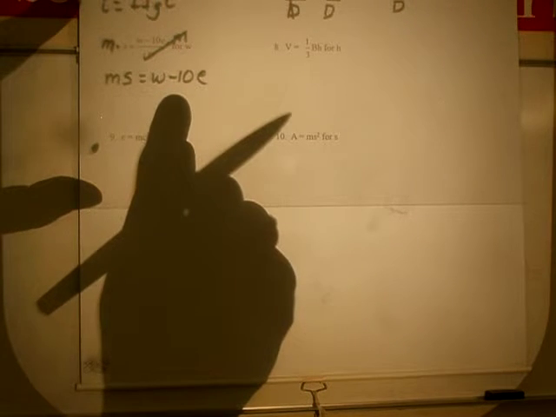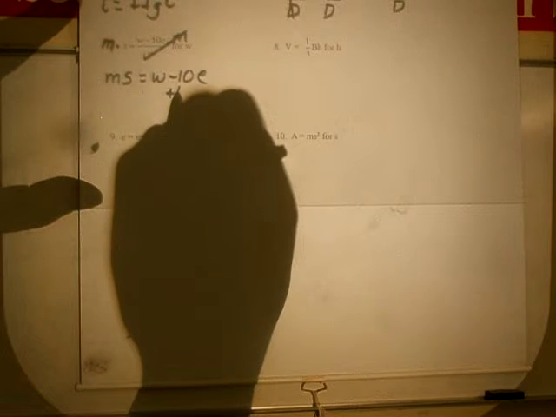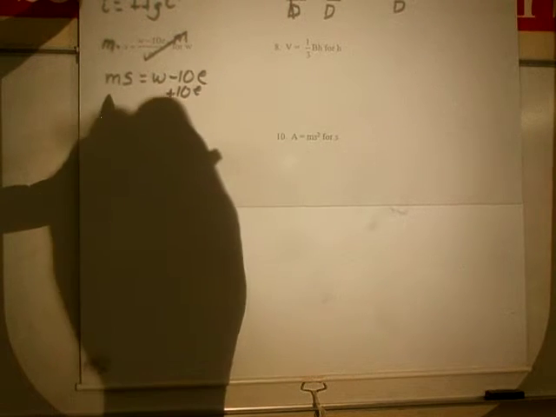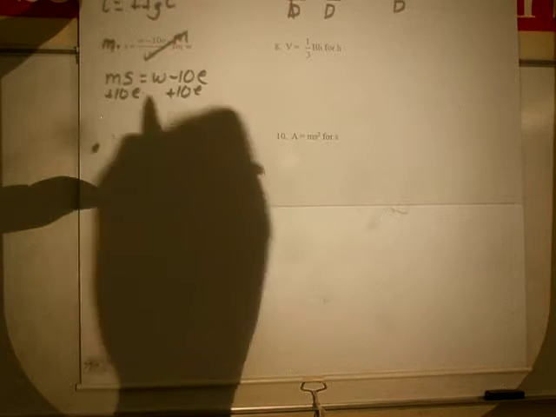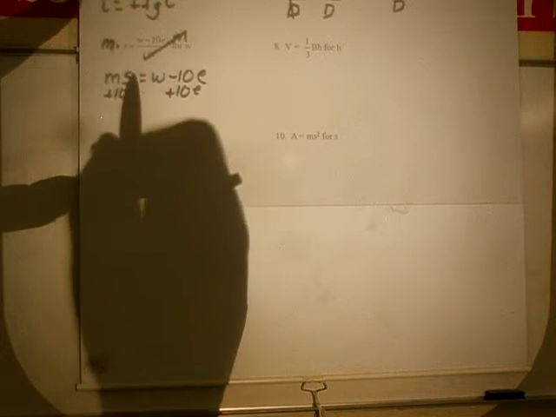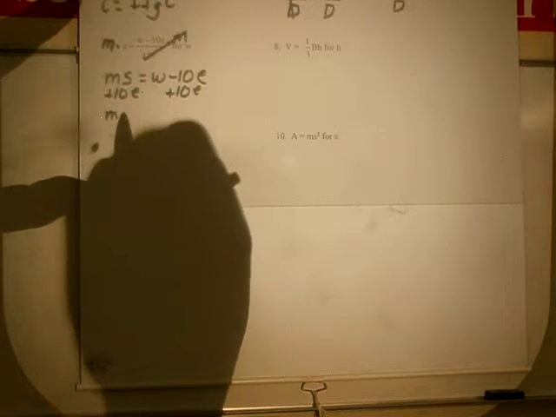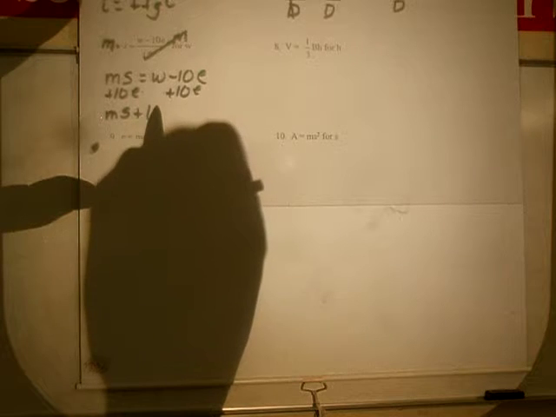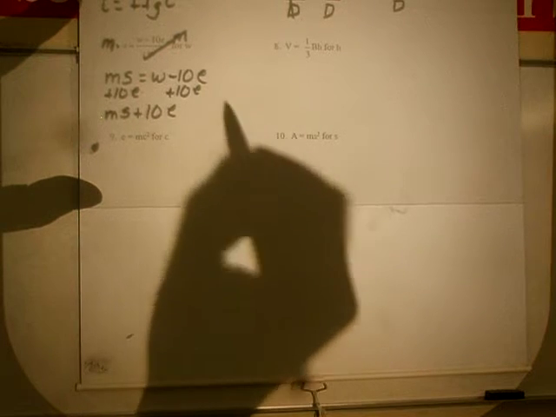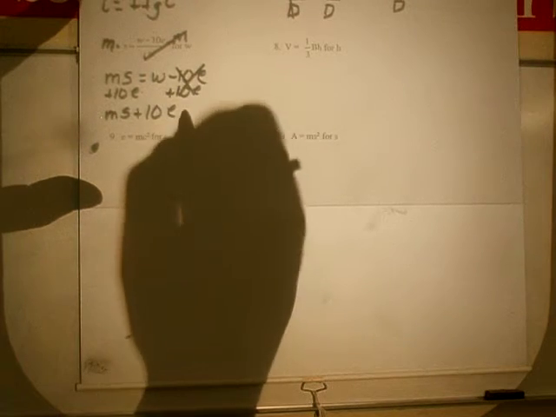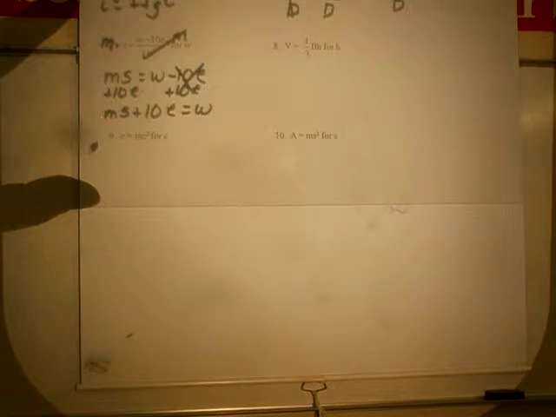We multiplied both sides by the m. And now to get the w by itself, we need to get rid of the 10e. So we are going to add 10e to both sides. On the left-hand side, you have ms plus 10e. And on the right-hand side, those cancel, and you get w.